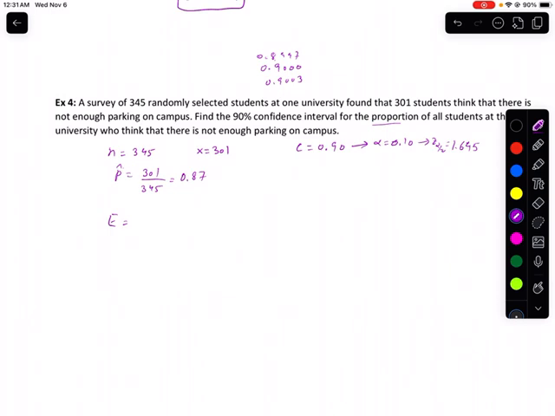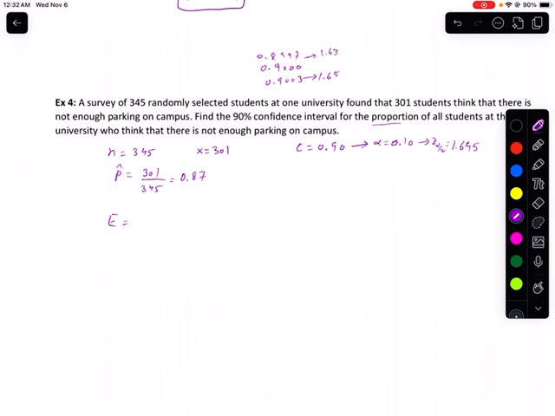So in this case, we will take the z with respect to this, which is 1.64, and the z with respect to this, 1.65, so therefore we have to take the average of those two values.